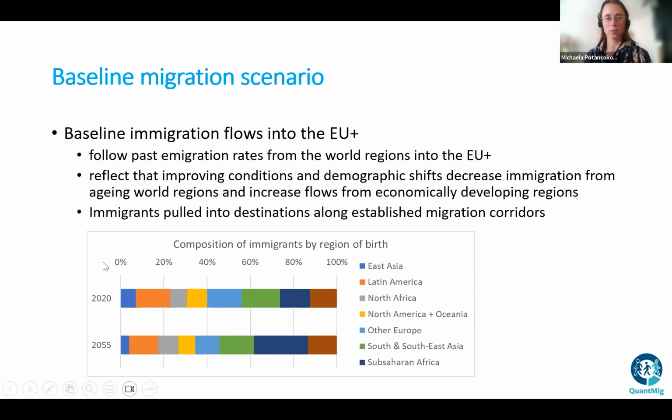And you can see this a bit on this messy chart that I created just today over the lunch break: when we look at this baseline flow from all the world regions into the EU plus countries, we have a declining flow from East Asia or other Europe, but increasing flows from sub-Saharan Africa, for example. And then these migrants are pulled into the destinations by the established corridors.